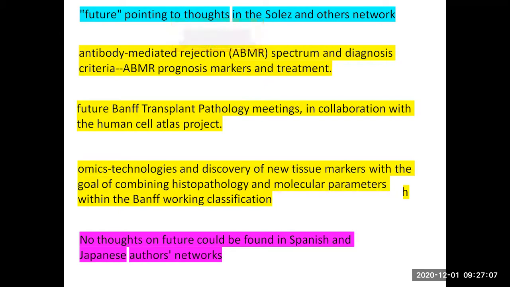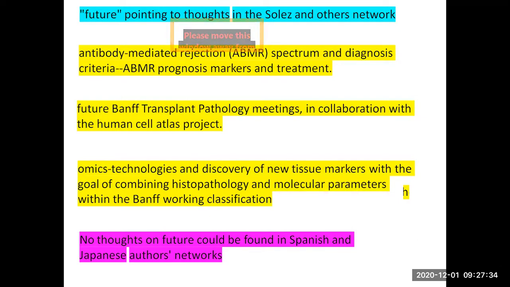So what they are doing is trying to connect Banff transplantation classification, enriching it, expanding it, giving it a more future shape by trying to connect to these modern emerging technologies. So this is most probably how the future thoughts and future is going to emerge.